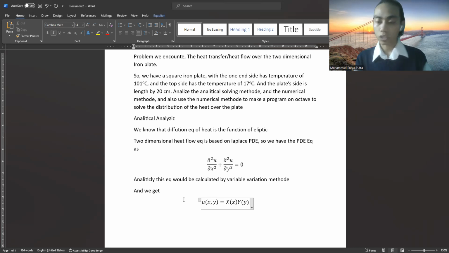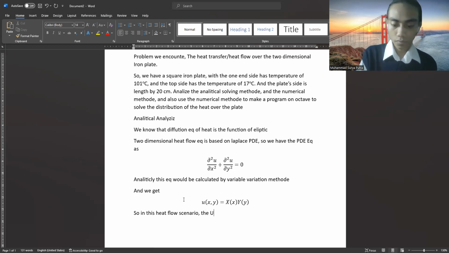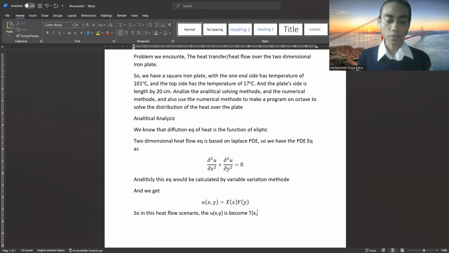This is the separation. In this heat flow scenario, the function u becomes the function T, because this is the temperature distribution, or heat distribution, on a plate with the elements x and y.